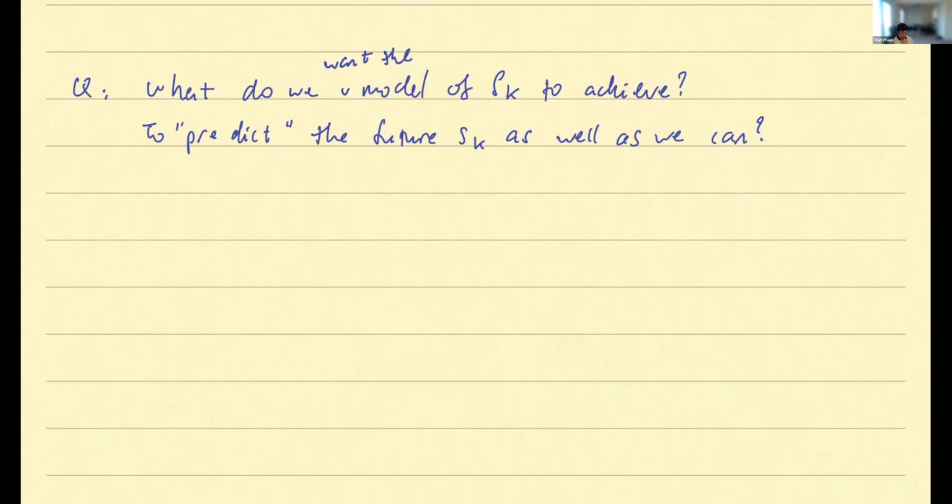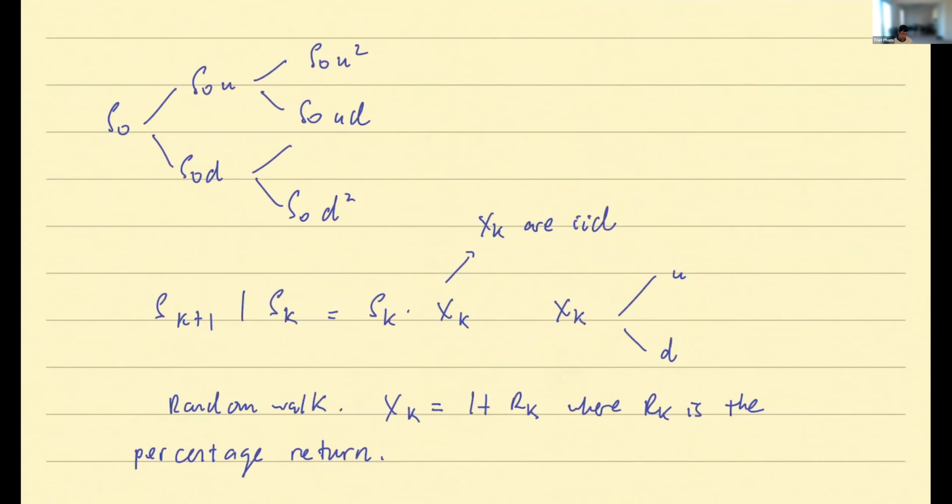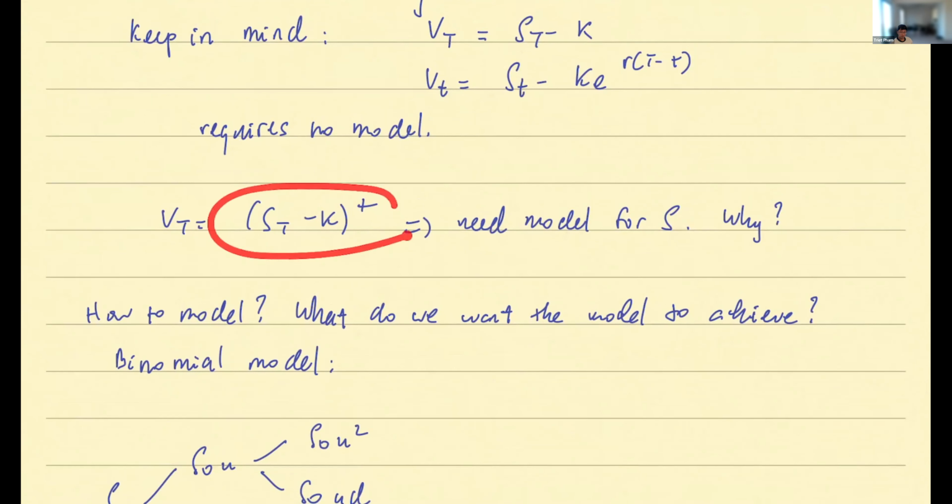Yep, that's why I say this is quite tricky to think about. No, we don't. Here's the thing: if you can predict the future stock price in some way, then the option payoff is also kind of predicted.